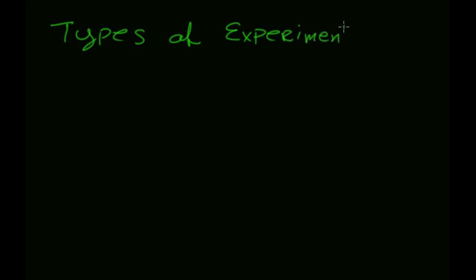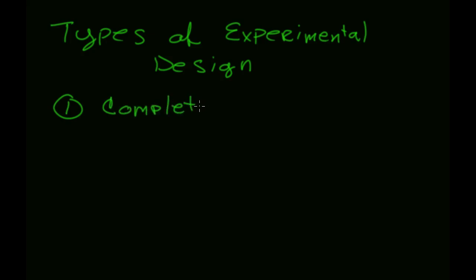Okay, so we're looking at a little bit more about experimental design, and we're going to identify here today 3 types of experimental design. Number 1 is something that we call completely randomized.